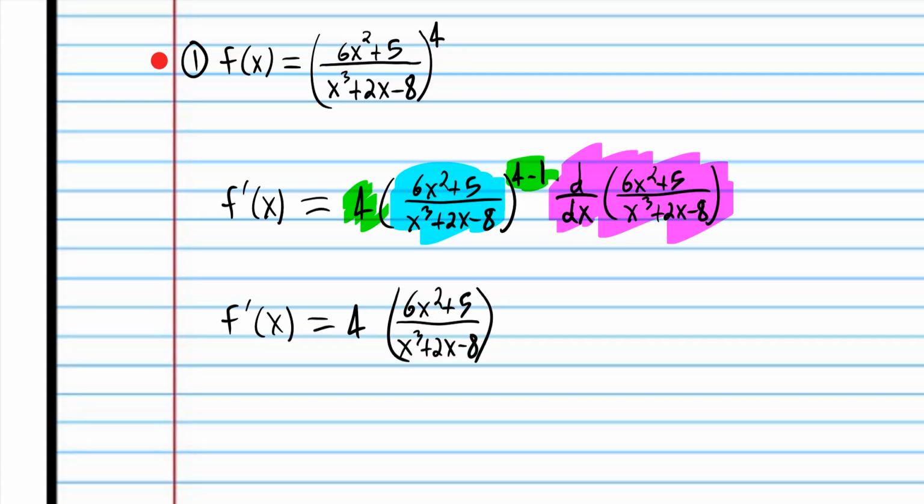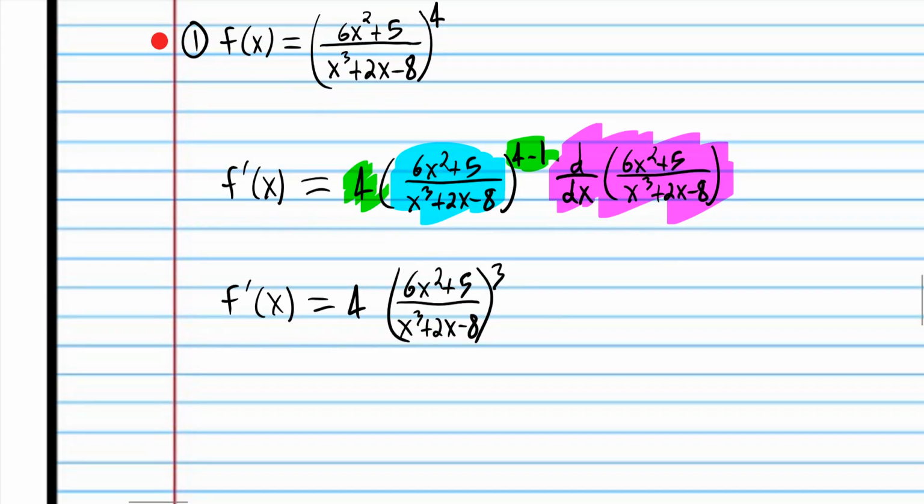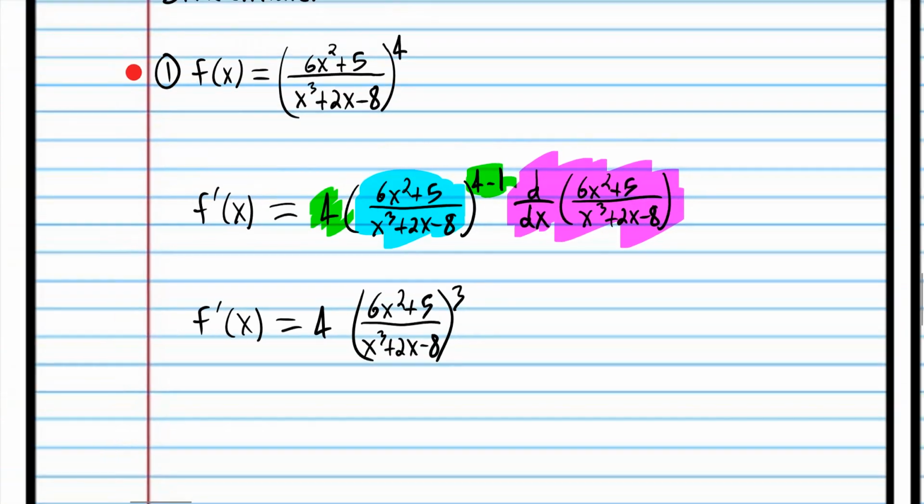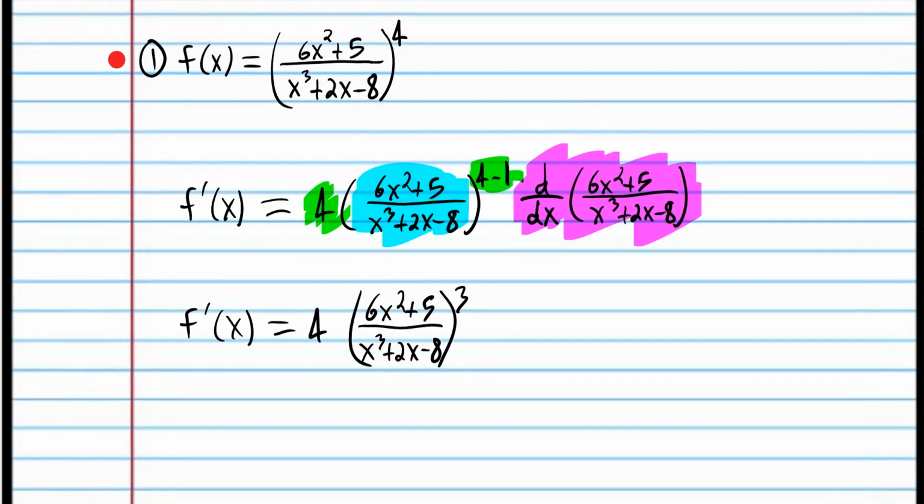Now you don't have to write every single step that you're seeing here. You don't have to write d over dx. You can just find the derivative of that and just immediately write it.